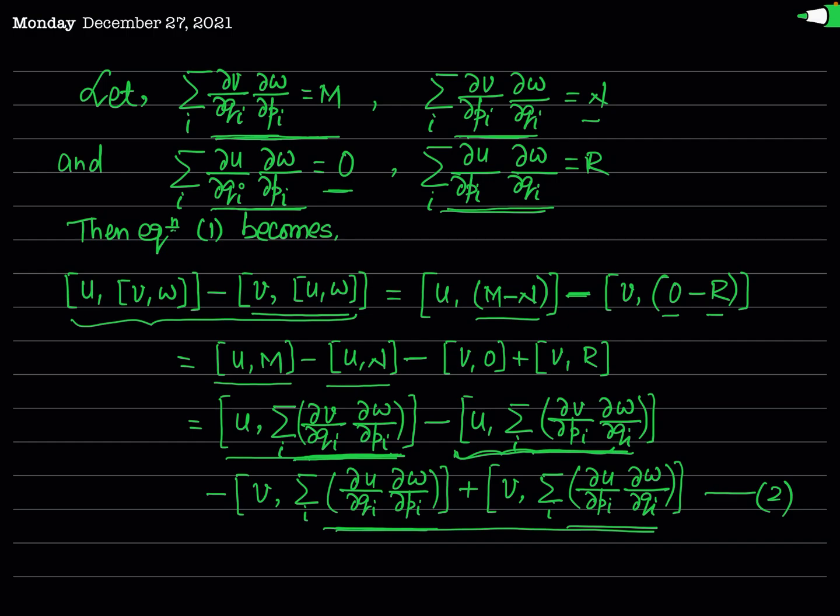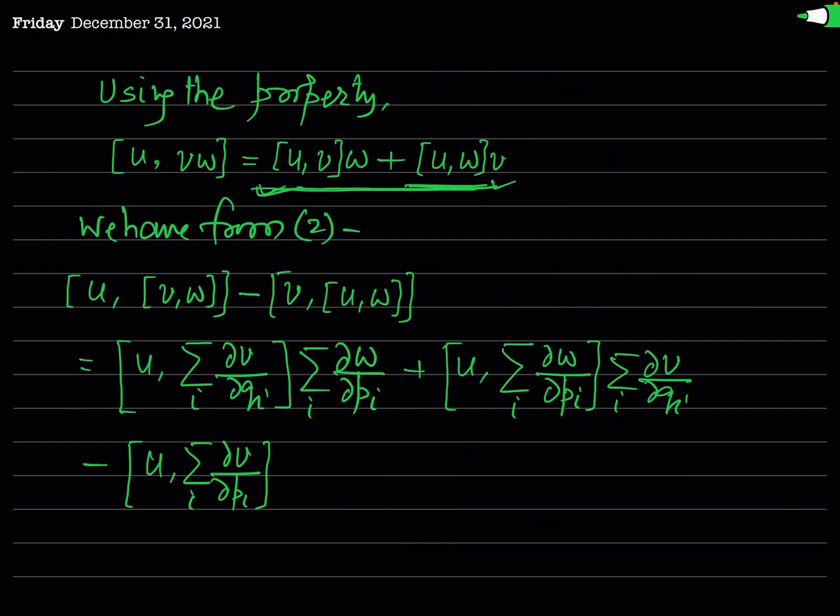So this will be Poisson bracket of U and summation over i del V by del Pi times summation over i del W by del Qi, and again minus because the minus sign is before the second term.